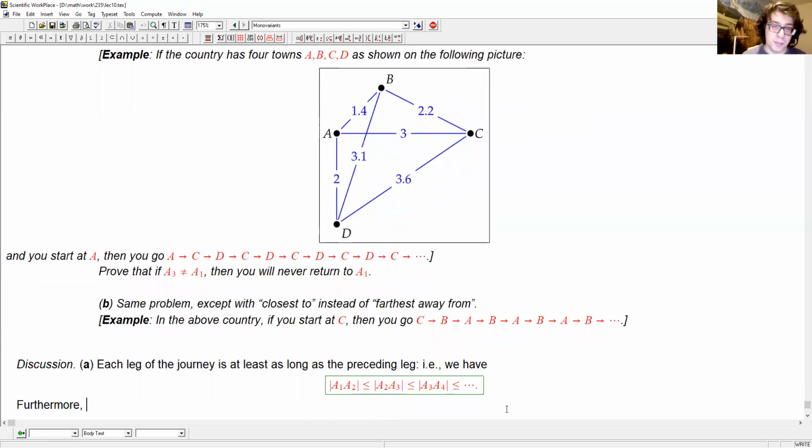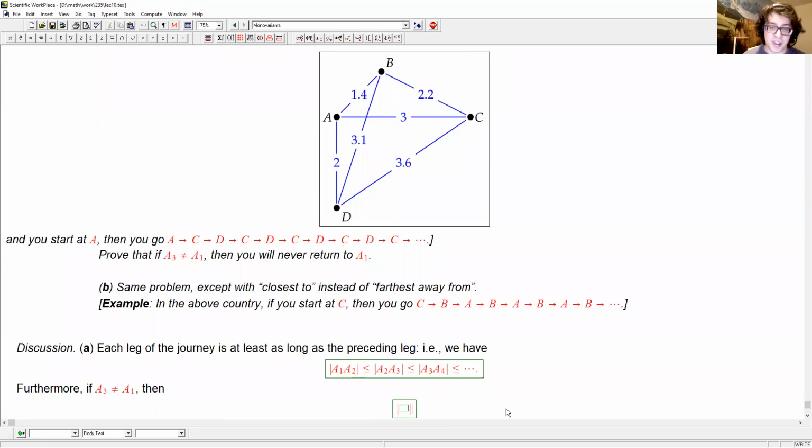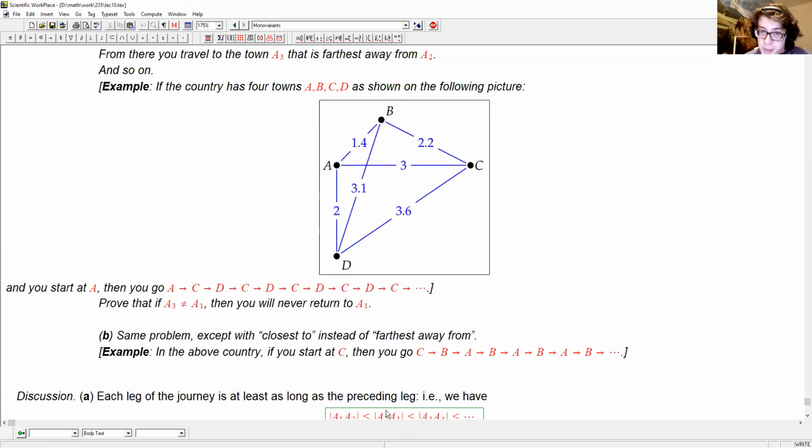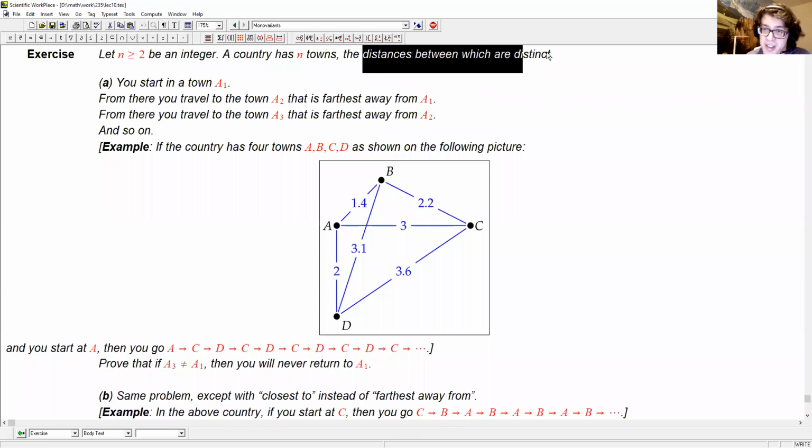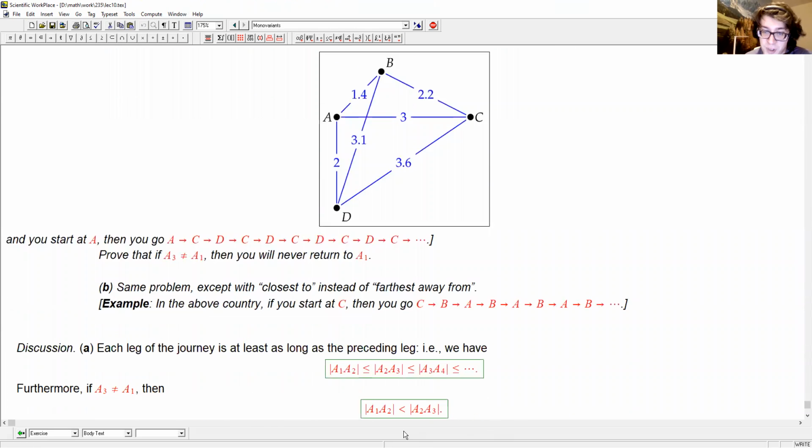Furthermore, if A3 is not equal to A1, then the first of these inequalities is strict. Why? Because if it was an equality, then keep in mind that the distances are distinct. This is where you need this. So if A1, A2 would be A2, A3, then the segment A1, A2 would be equal to the segment A2, A3.